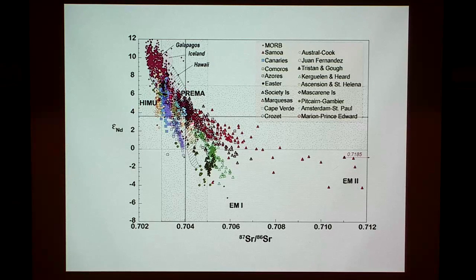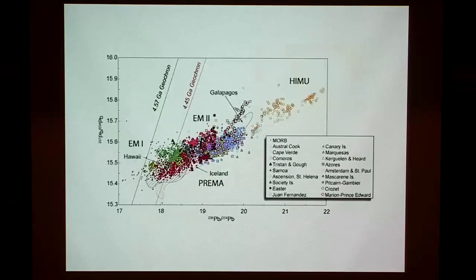And PRIMA, this is the prevalent mantle. It seems to be where everything's coming into, approximately, which is close to, but maybe not identical, to bulk silicate Earth. And then Iceland and certainly Galapagos seem more dominated by a more MORB-like composition.